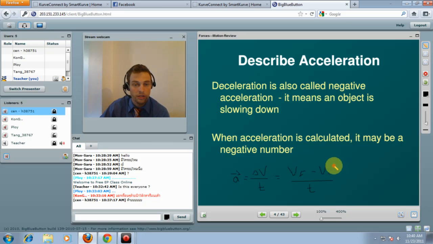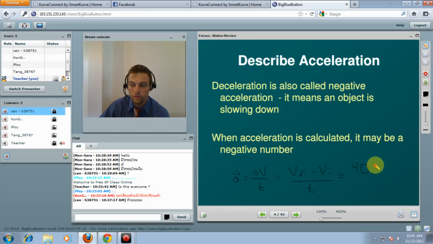Say a car is stopping. It's going 40 kilometers per hour and it's slowing down to 0, and let's say it takes 5 seconds to stop.